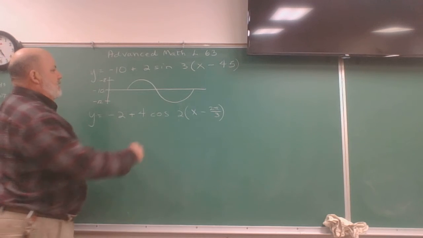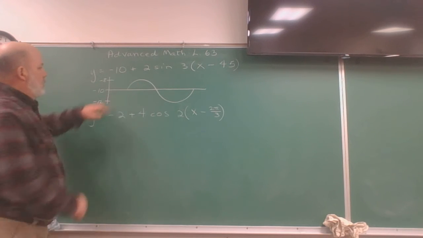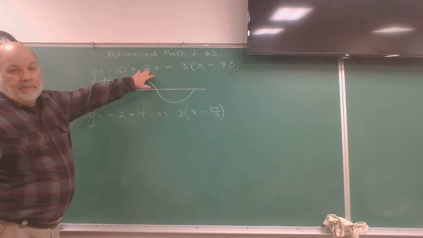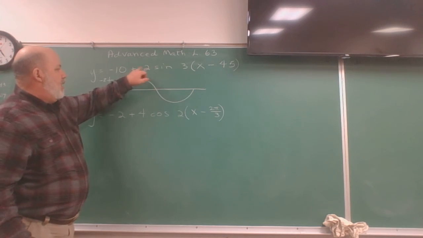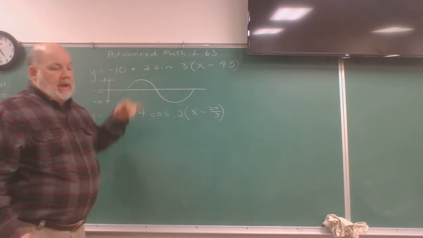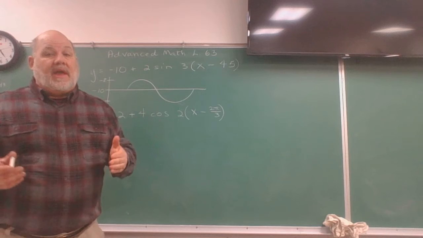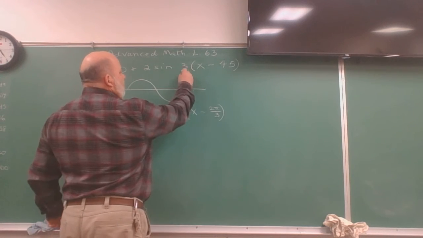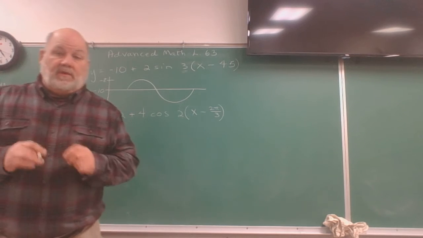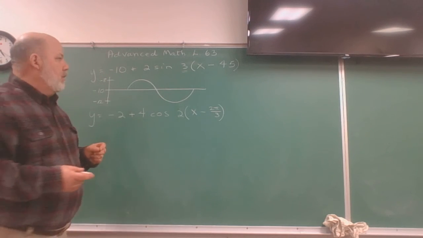We have just taken care of half of our equation. There's the -10, my center line, the amplitude of 2, and it's a positive sine wave, which I have drawn right there. As we always do in class, here is my frequency, the period. We're going to save that 3 for last, just like we always do.